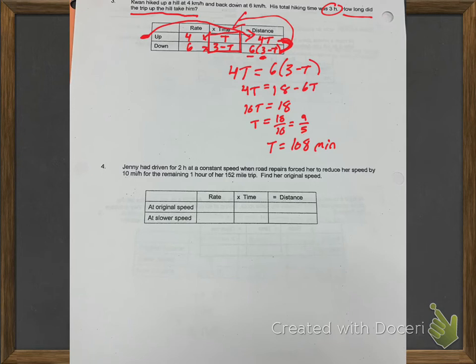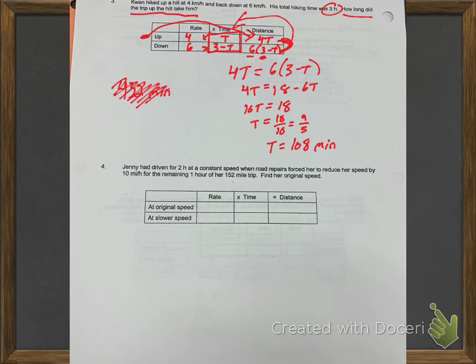So 4 times 108 is going to be 432 minutes. So then 432 minutes divided by 60 is going to be, so hold on a second here, I might have something wrong. I'm confusing myself. Okay, I immediately find out what I did wrong.